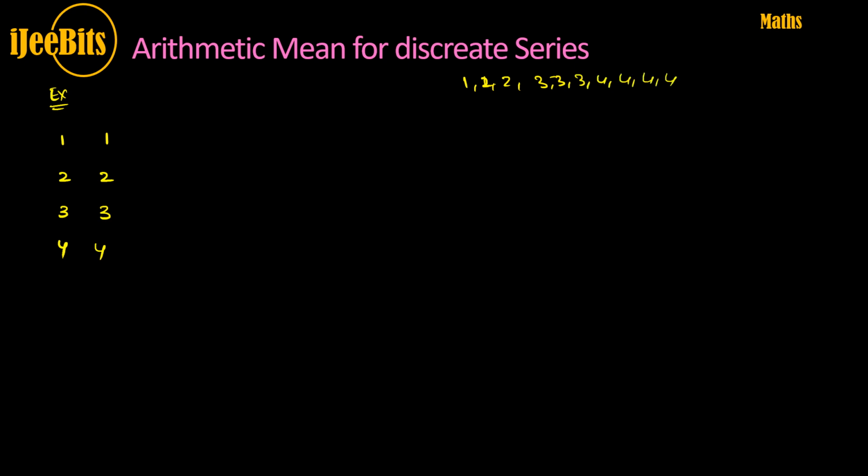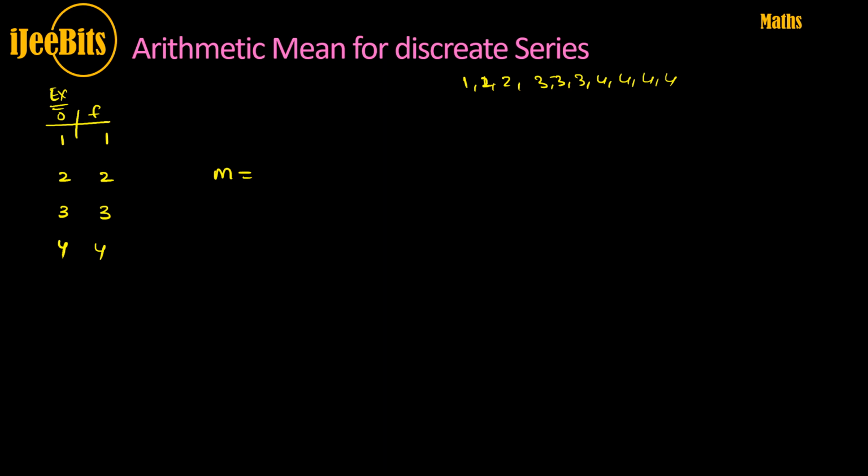So my observations are these, and my frequencies are what I'm counting. I see that 1 appears once, 2 appears twice, 3 appears thrice, and 4 appears 4 times.